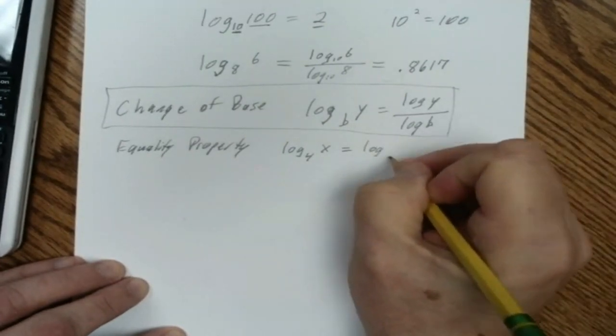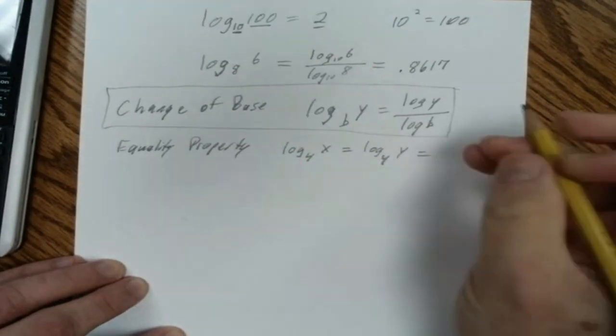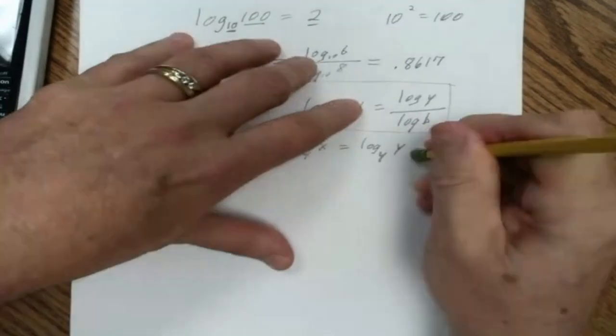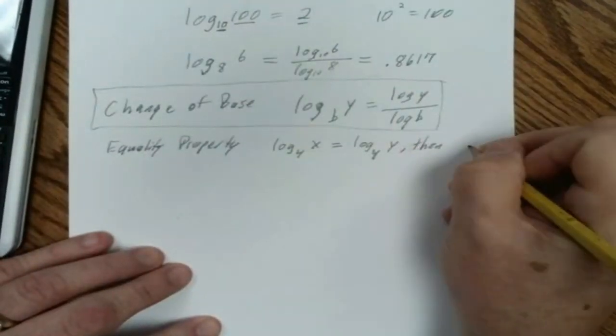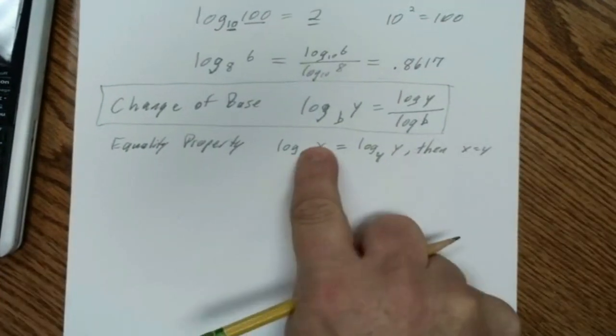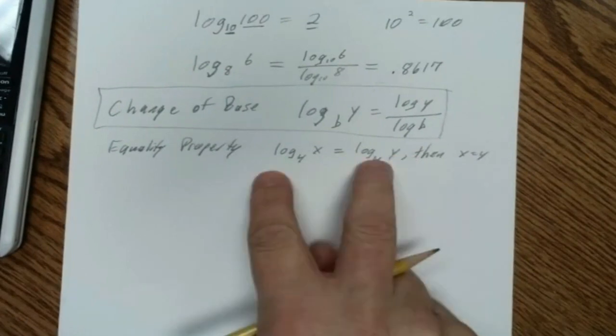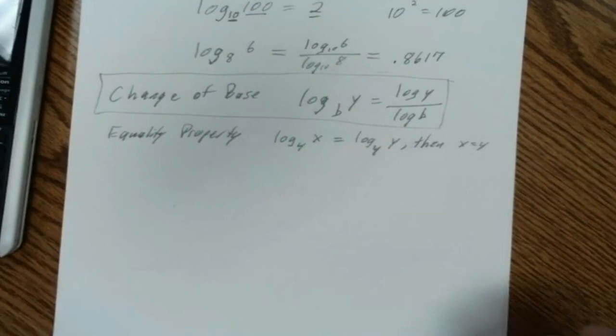It's a variable. If it equals log 4 of y, then x has to equal y. Because if log 4 of x equals log 4 of y, they have to have the same answer. x has to be equal to y.